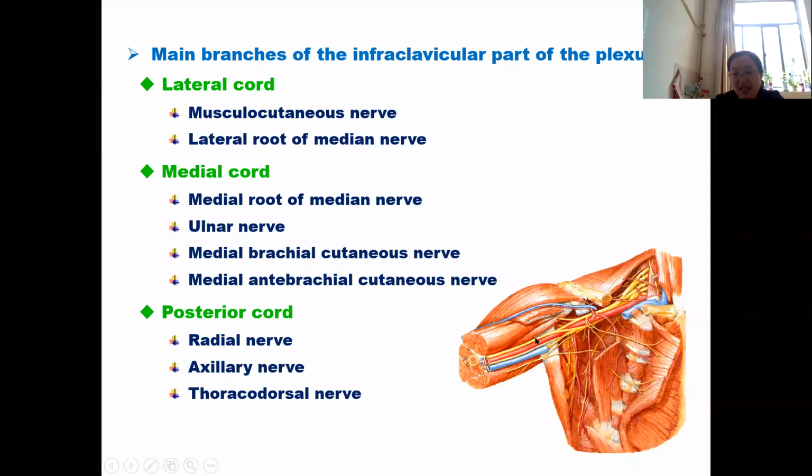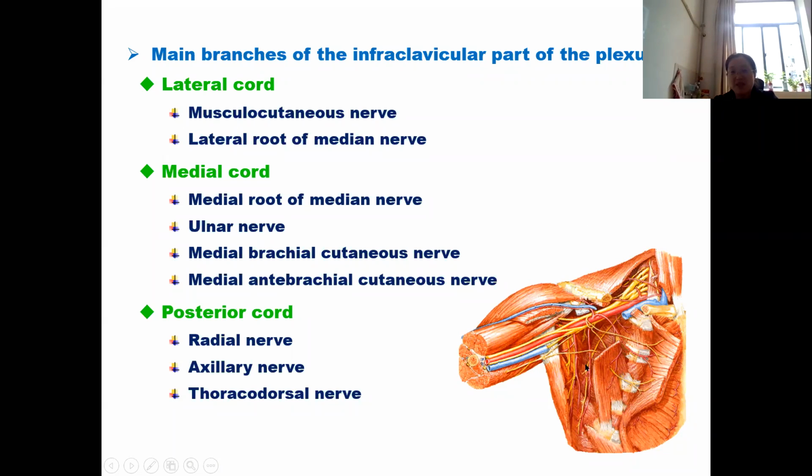This nerve is very important. The other one, given by the lateral cord, supplies the anterior muscles of the arm; we call it the musculocutaneous nerve. And the medial cord gives another major branch, the ulnar nerve.